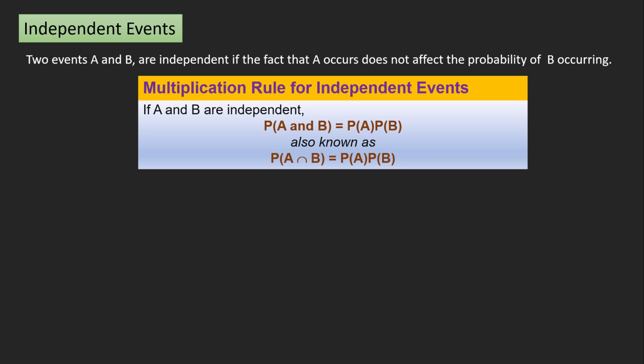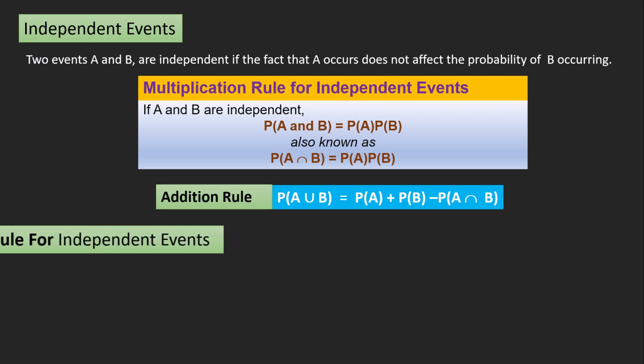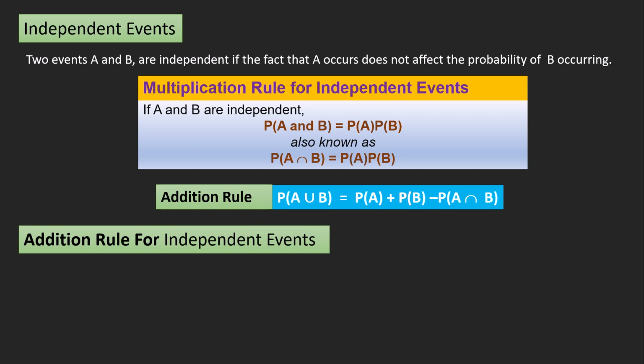How do we change the addition rule for independent events? What is the addition rule? Probability of A union B equals probability of A plus probability of B minus probability of A intersection B. We know that if A and B are independent, we can write the intersection as the multiplication of the two probabilities of the events.